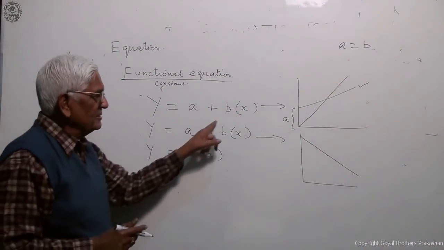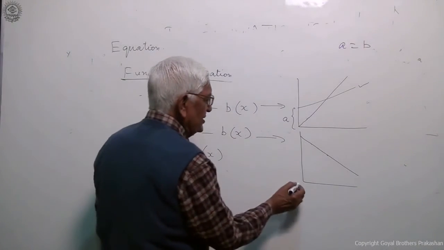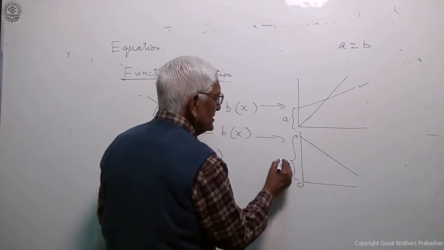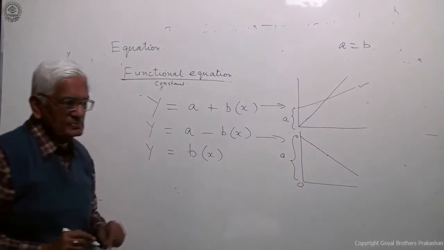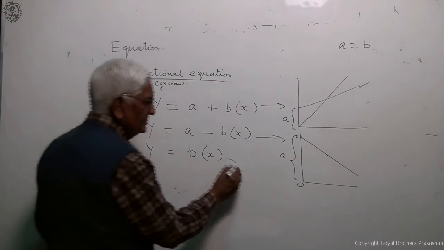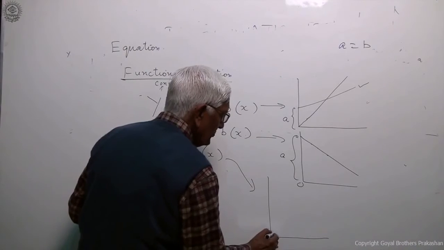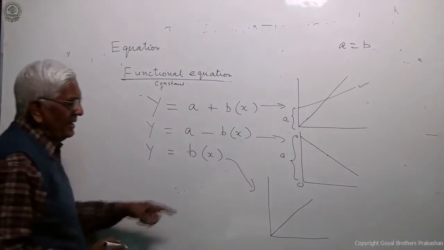By how much? By this much. At 0, if we take it at 0, then this is a. Then here a is 0.